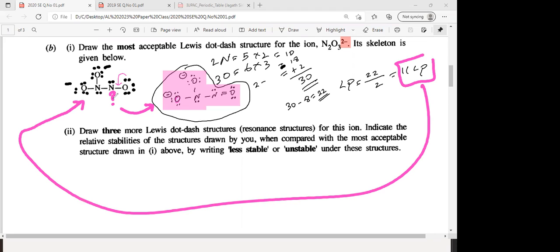Then 9 lone pairs go on the oxygens, the remaining 2 on the nitrogen atoms, 1 for each. So then this nitrogen's octet has not been reached. Therefore, I shift the lone pair from oxygen to make it octet. First you have to do this, then this, then this step.